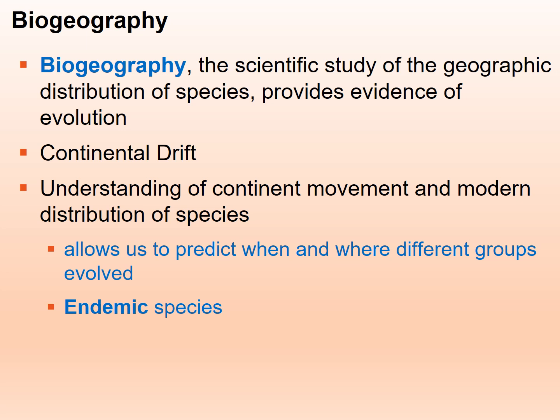And we could actually identify certain species that were not found anywhere else in the world. If they were only found in one area, the term for this is endemic. An endemic species is a species that lived in one particular region. It wasn't found anywhere else in the world. It was pretty unique to that geographic region.